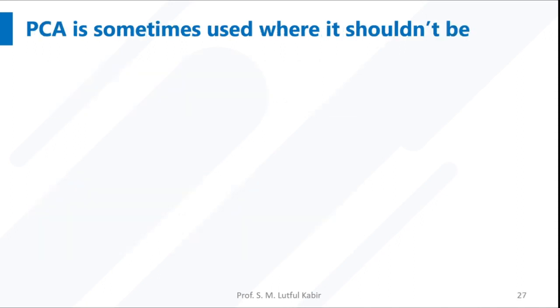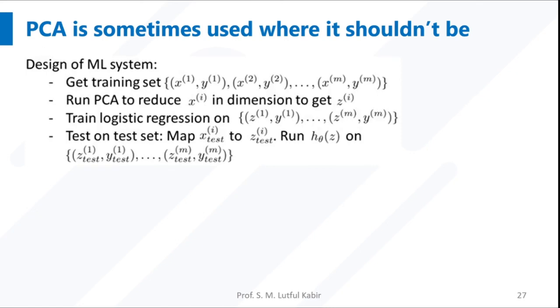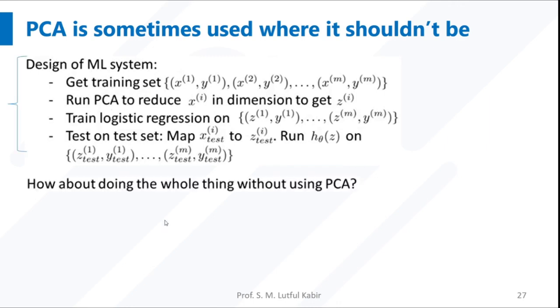And PCA is sometimes used where it should not be. Normally, in designing the algorithm, people take xi, yi, then run PCA to reduce xi to a lower dimension to get zi, train the logistic regression, and also test on the test set. So these are the steps people normally follow. But the suggestion is: how about doing the whole thing without using PCA?